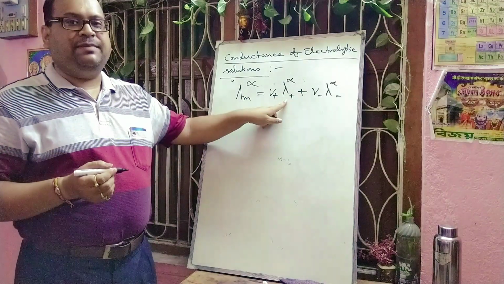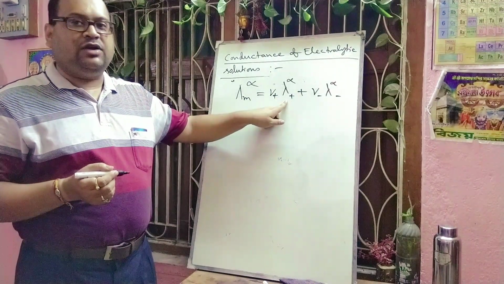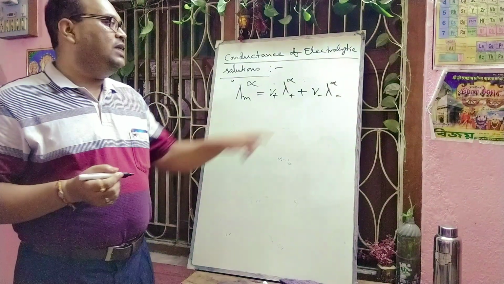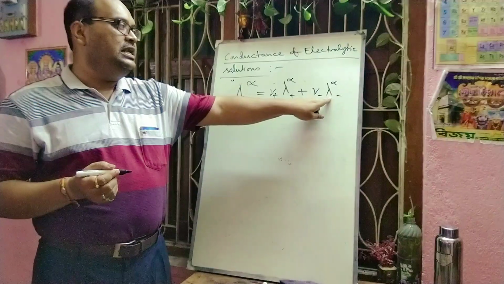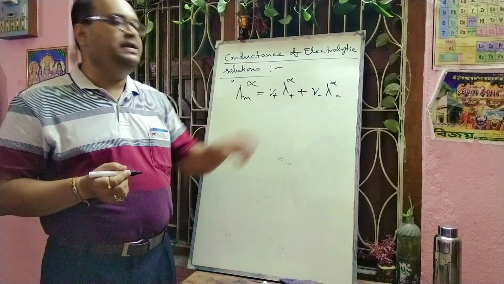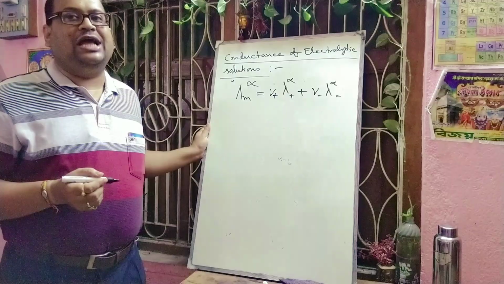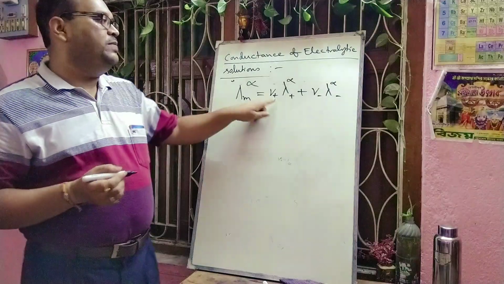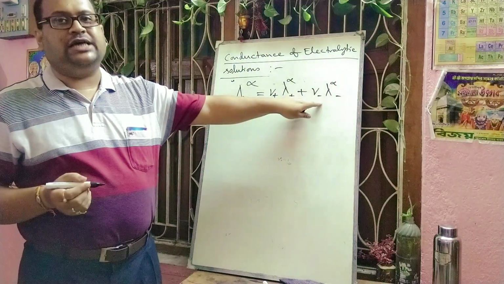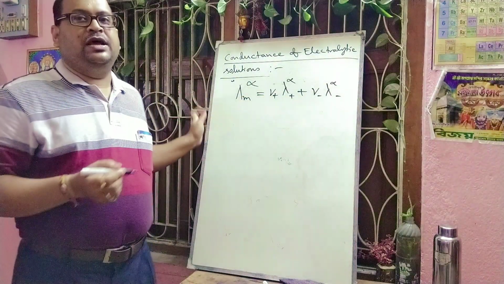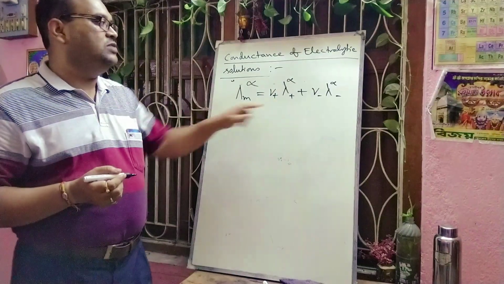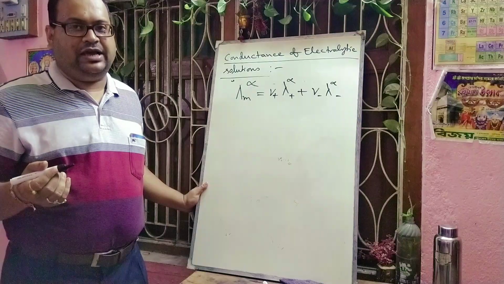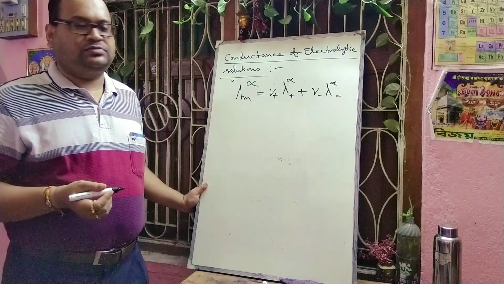And what is λ+∞? That is the molar conductivity of cation at infinite dilution. And what is λ−∞? This is the molar conductivity of anion at infinite dilution. So ν+ and ν−, what are these terms? ν+ is the number of cations and ν− is the number of anions present in one formula unit.